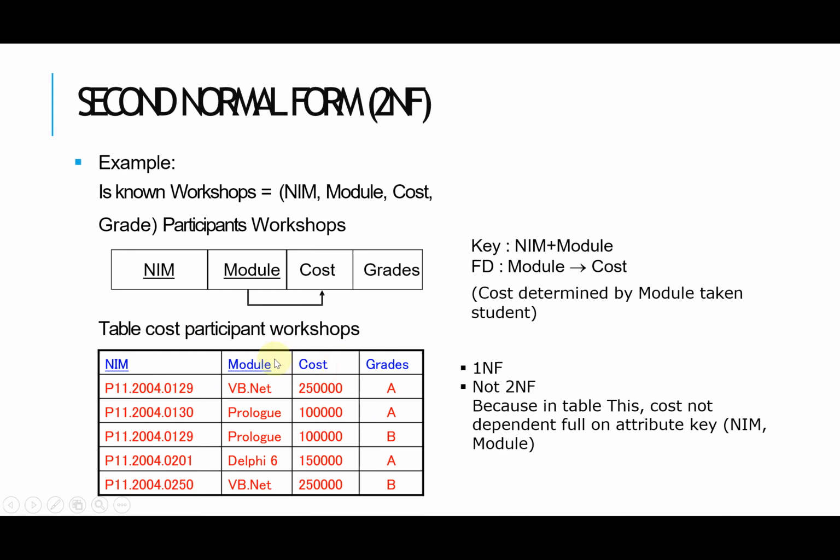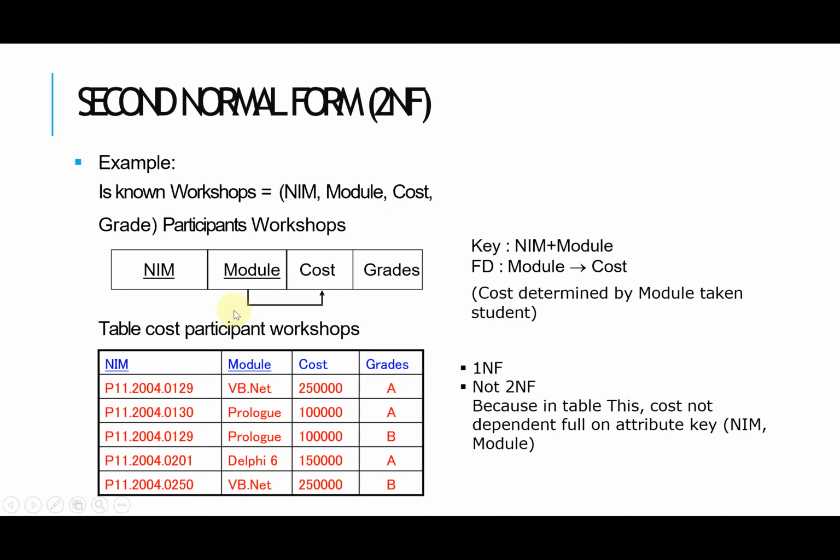For example, the cost is 24,000 for VB.NET, Prolog is 1, and LP is 6 every minute.